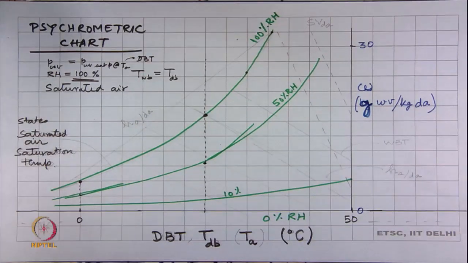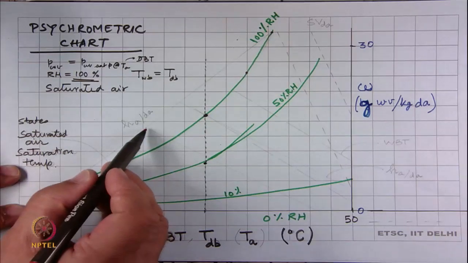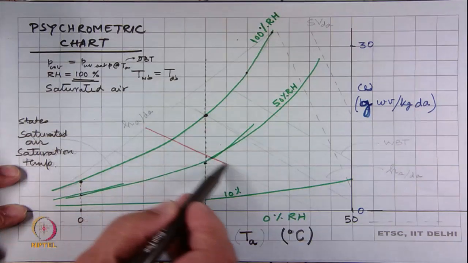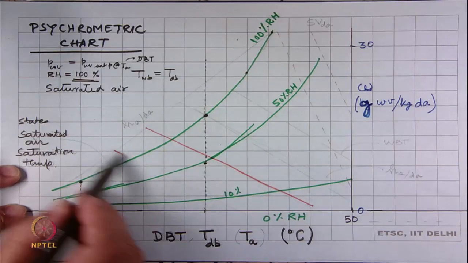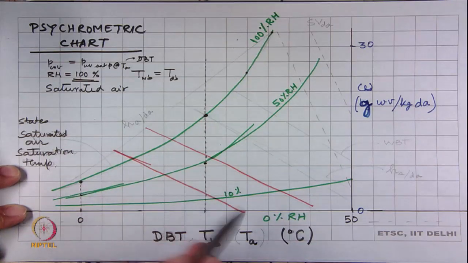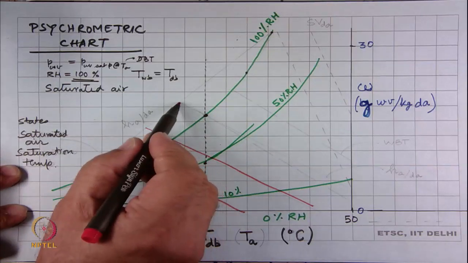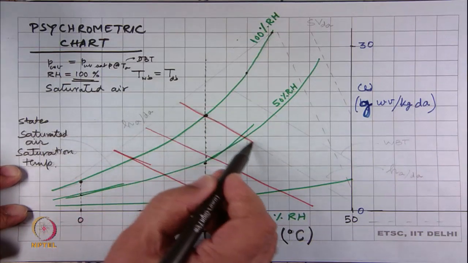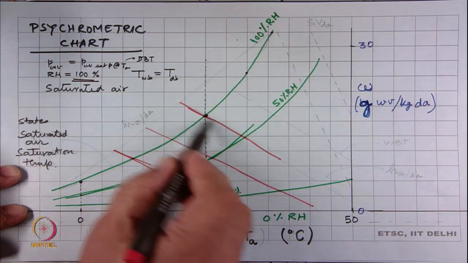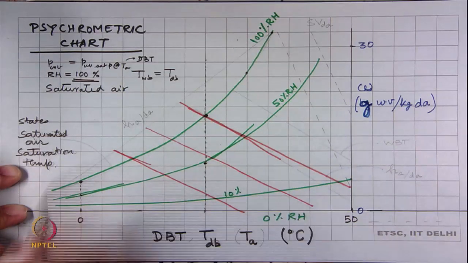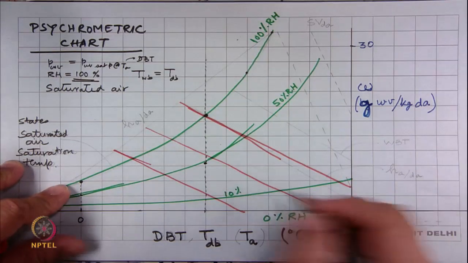So, here is a straight line that we will plot. This is with enthalpy. These are the lines of constant enthalpy.